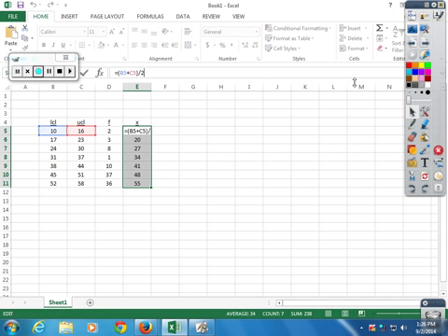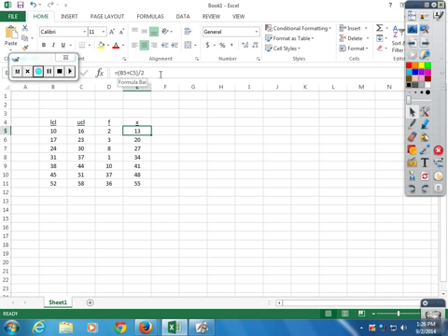Go ahead and check them. I'll put that right here for you so you can see the formula. Excel is something that you need to learn how to use.